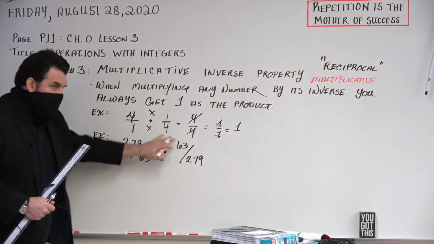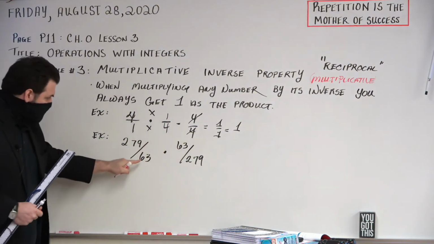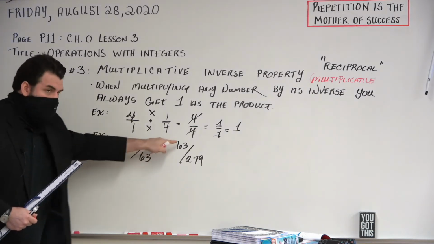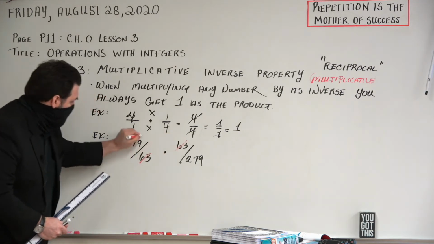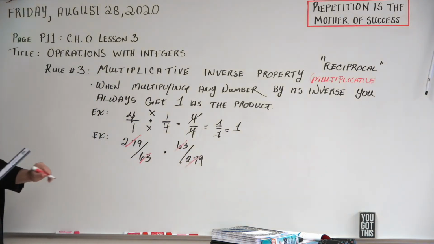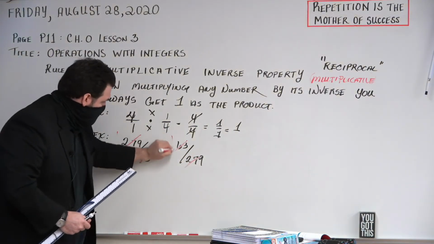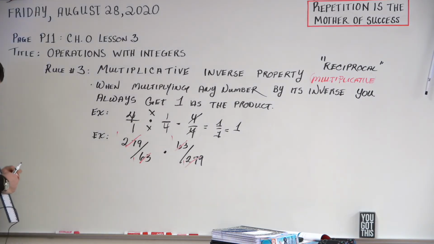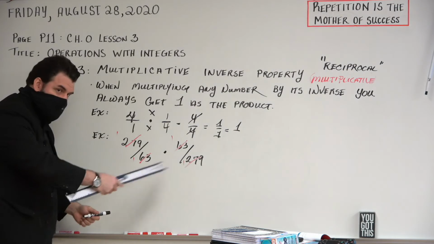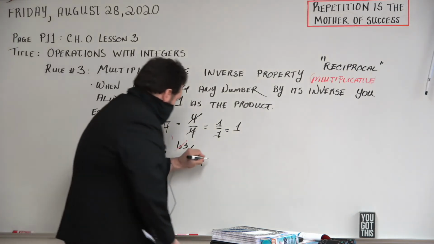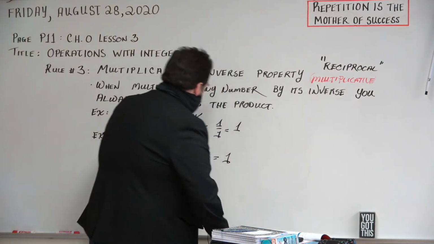When you're multiplying fractions like this, you can cancel the denominator and the numerator of the opposite fraction. So cancel, cancel, cancel, cancel. All that's left behind are ones everywhere. Okay, so whenever you see something like this, you can save a ton of time, because you know the answer is going to be 1, because that's a rule.